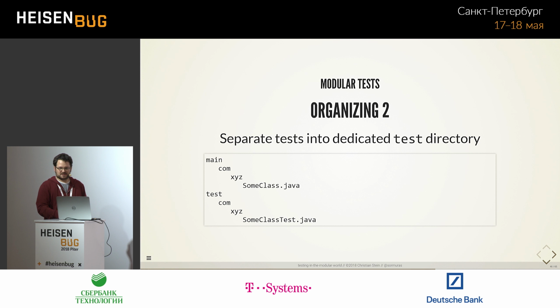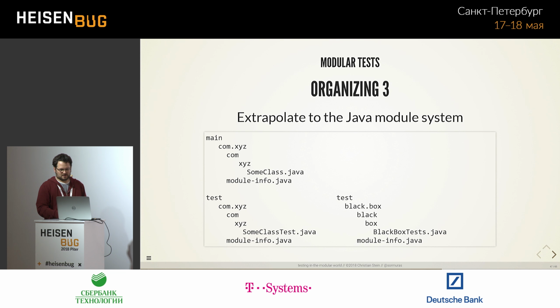But the module system has some rules. And one of the rules is you can't have two modules with the same name on it. Module name must be unique. So if you look here, you have com.xyz, and here black box, and here com.xyz. Oh, this will fail, because that's not unique.